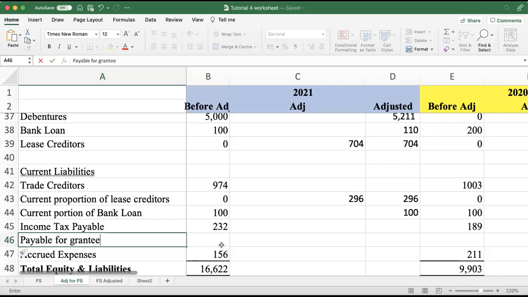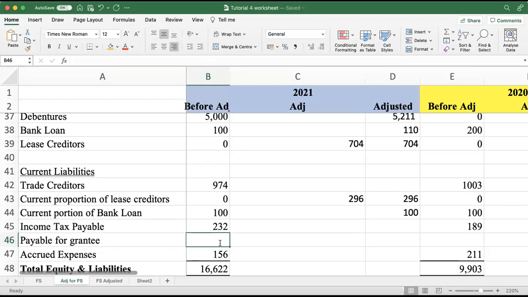Payable for the guarantee. Recorded amount 0. So you are liable to pay 500. Then adjusted value is 500.